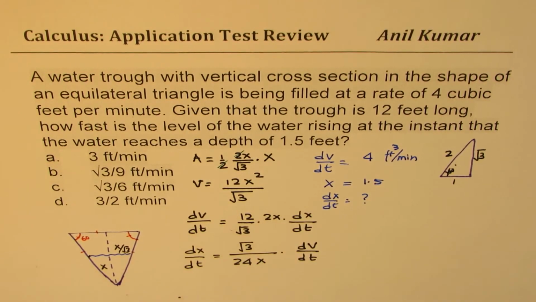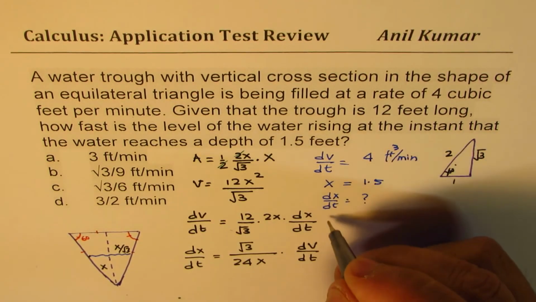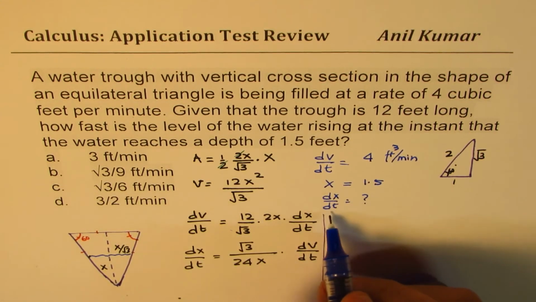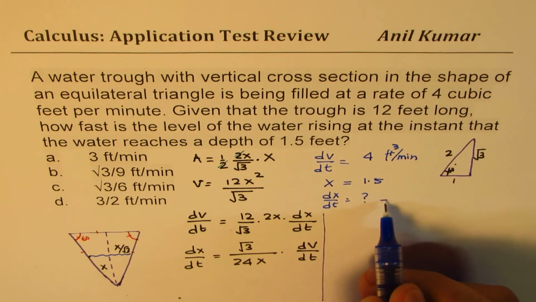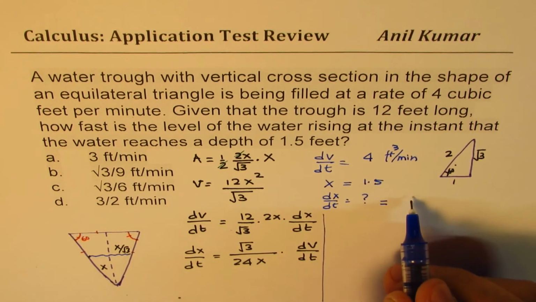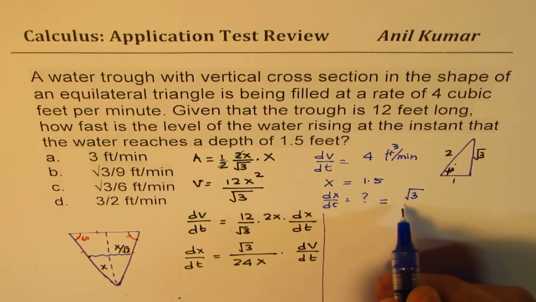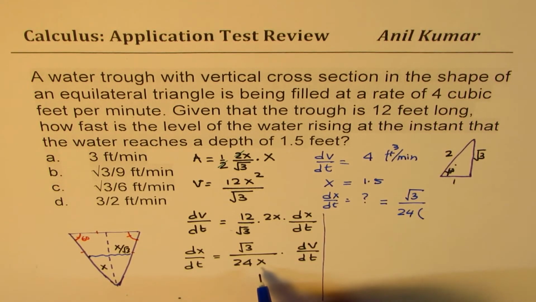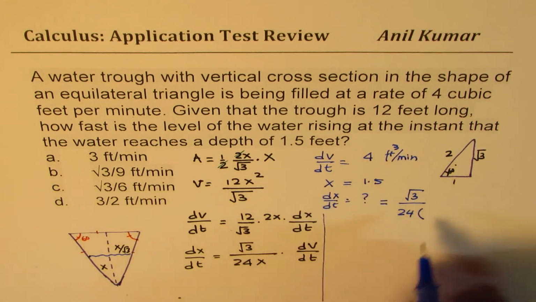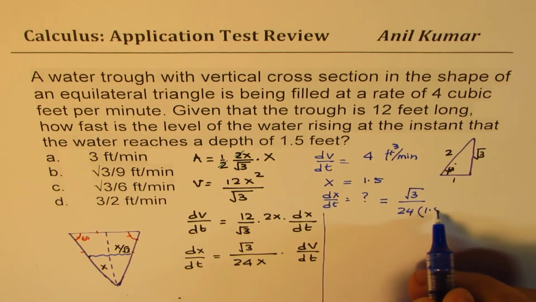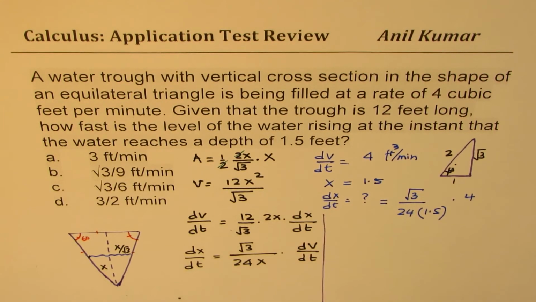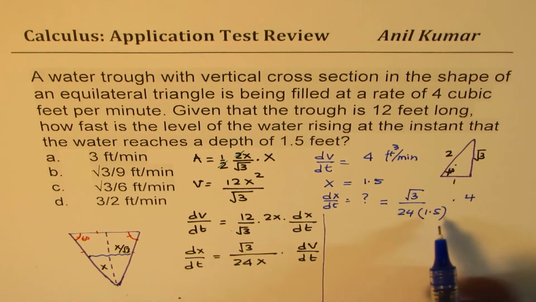Now to find this value, we'll just substitute our values and find the answer, right? So dx/dt should be equal to square root 3 over 24 times x, which is 1.5, and dV/dt, which is 4. Okay, that's what we get.